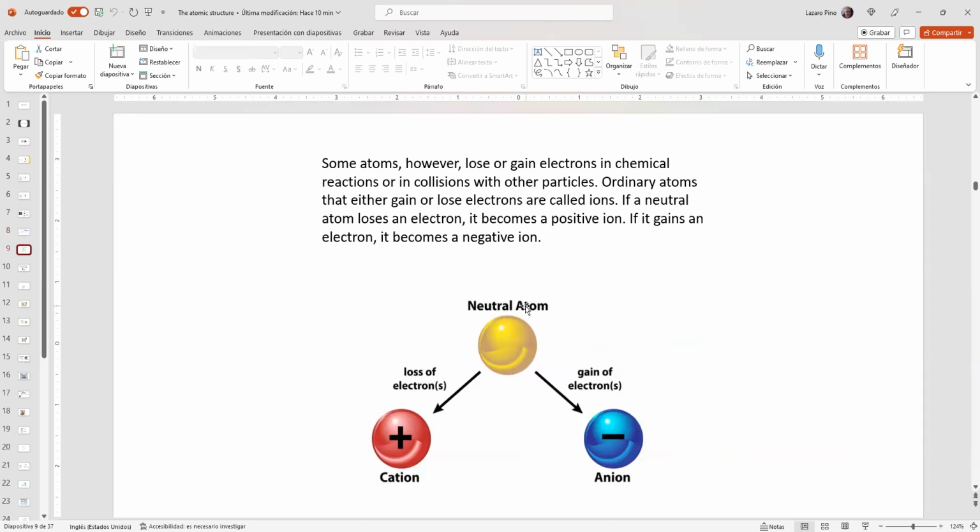If a neutral atom loses electrons, it makes a cation, that is a positive ion. If an atom gains electrons, then it makes an anion, or a negative ion.